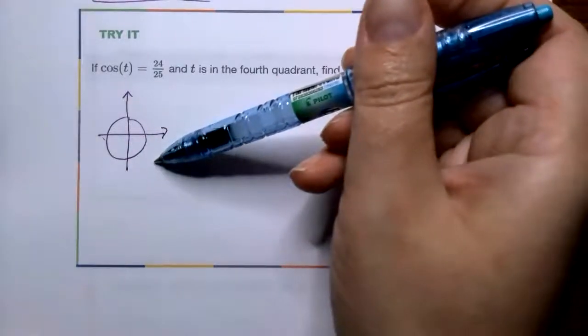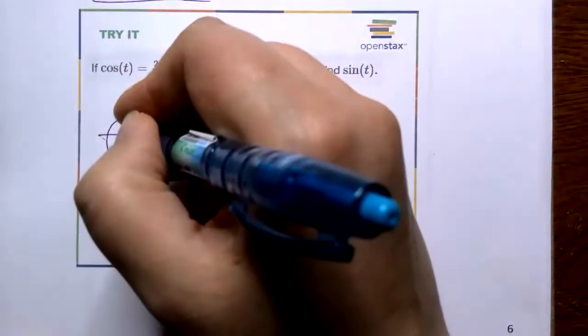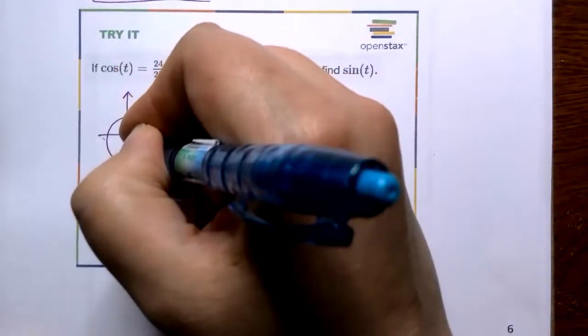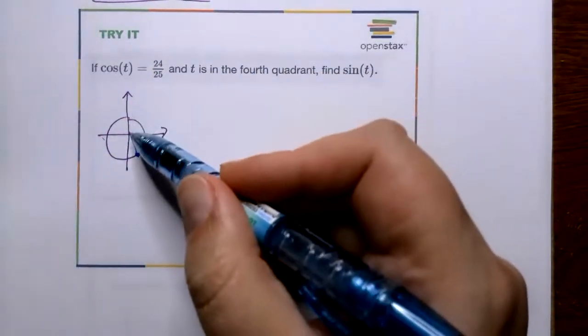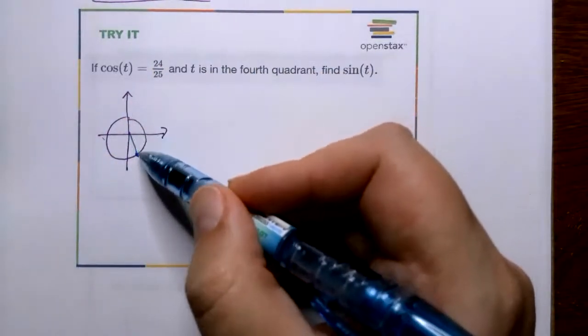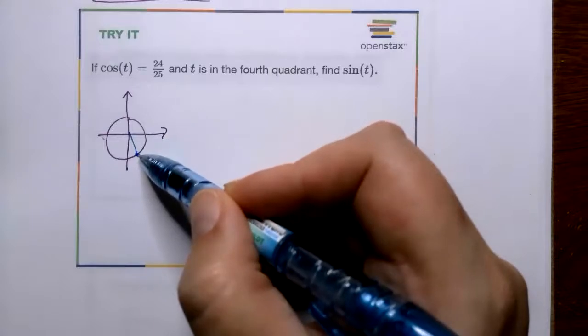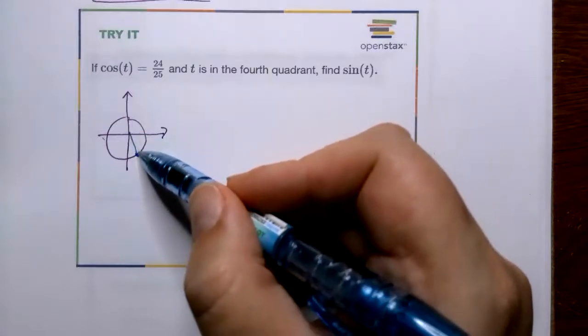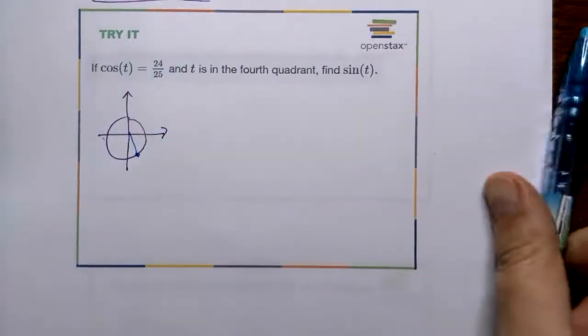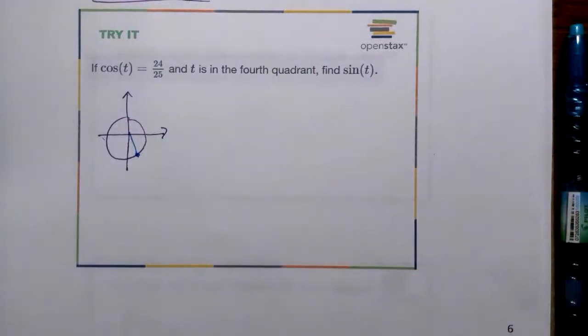So the fourth quadrant is right here. And a hint: x is positive here and y is negative. So your cosine is going to be positive and the sine value is going to be negative.